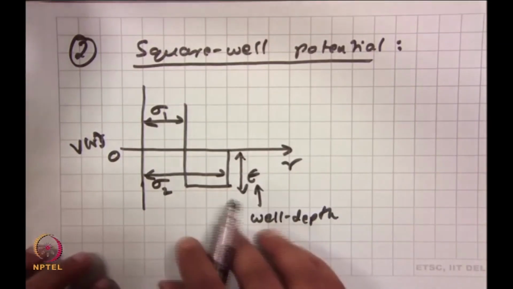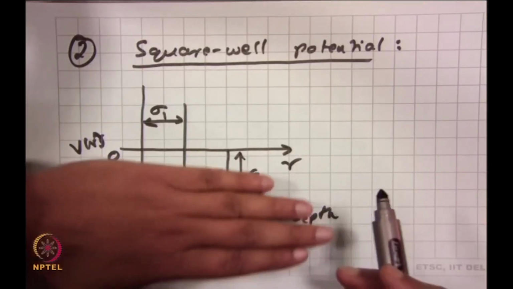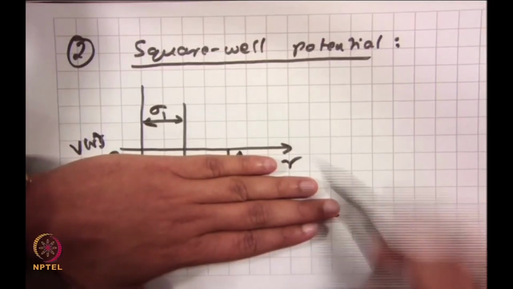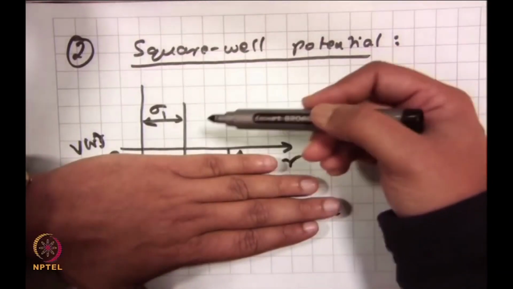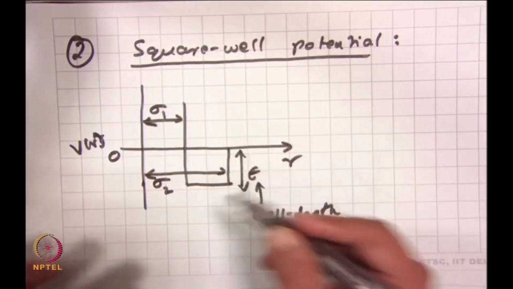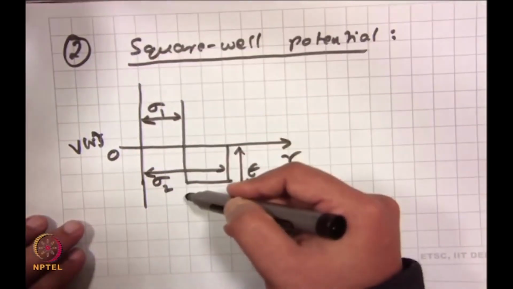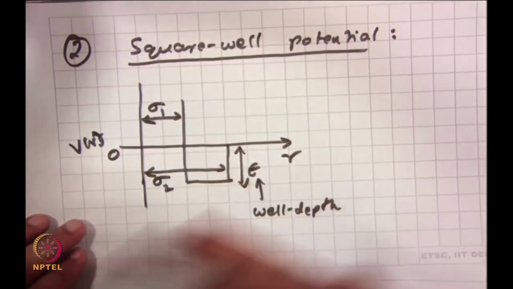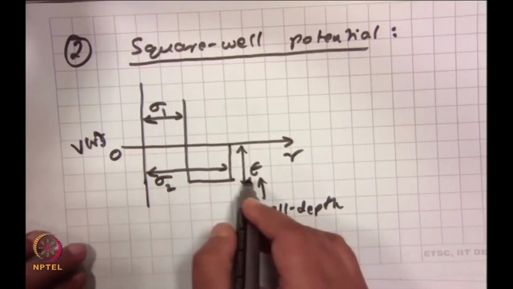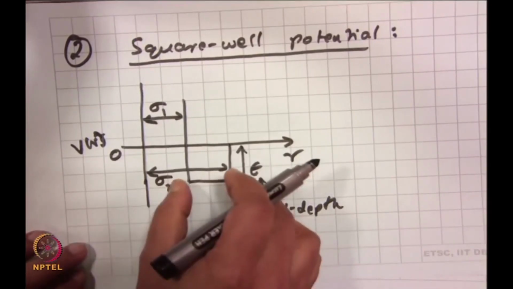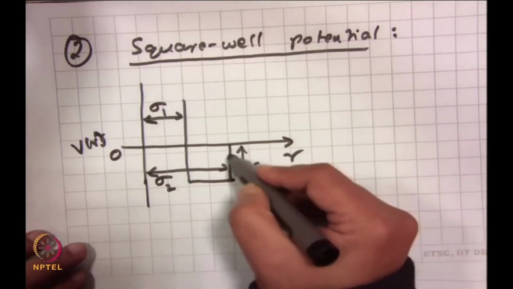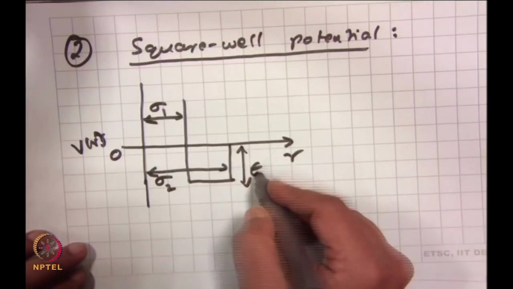Now look at the difference. When we were talking about the hard sphere potential, this term was not there. The only term we had was on the positive side, that means V of r was repulsive. Now, we have brought in an attractive term. Because of the attractive term, you see this one is going down, that means there is a negative potential. The negative potential is just like a square well between this region. Then the moment your r is greater than sigma 2, V of r goes to 0.